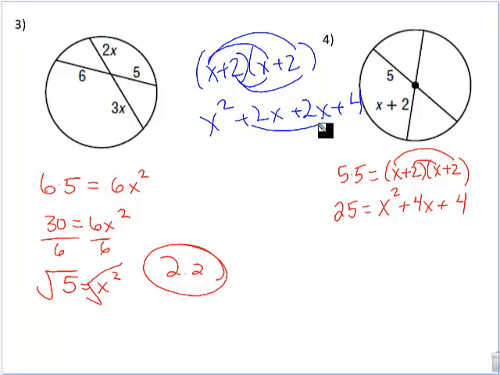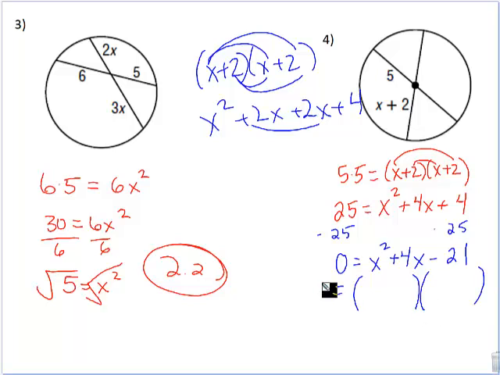When we have a quadratic, how do we have to solve this? What does this have to be equal to? It's got to be equal to 0, so we have to minus the 25. So then we have 0 equals x squared plus 4x minus 21, and then factor that out.